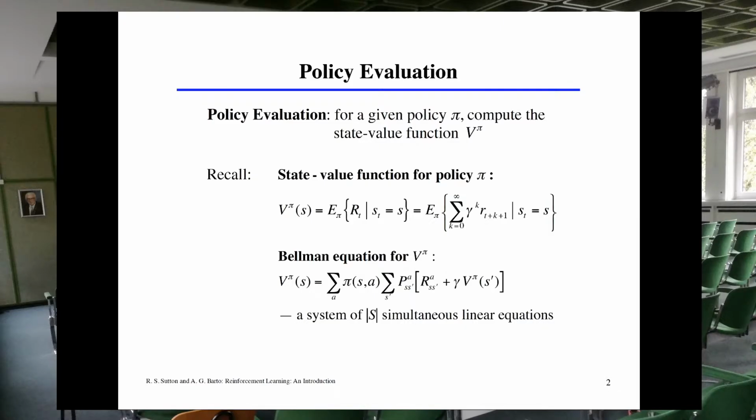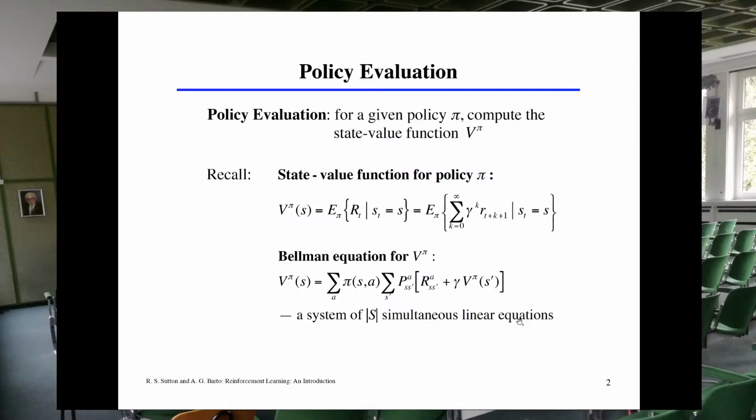So in terms of the policy evaluation, we say for a given policy pi, compute the state value function v pi. So given a policy pi, we need to estimate what are the values of each of the states of our MDP. So we need to estimate v.